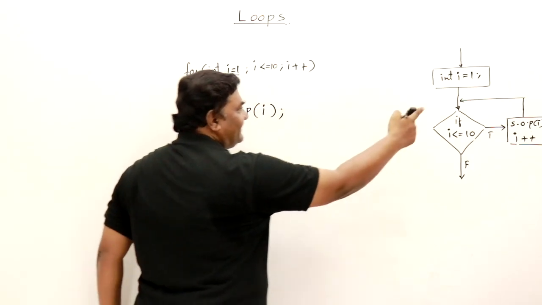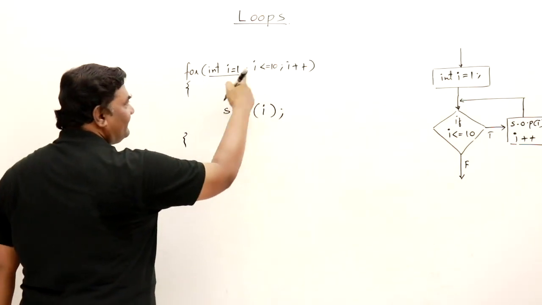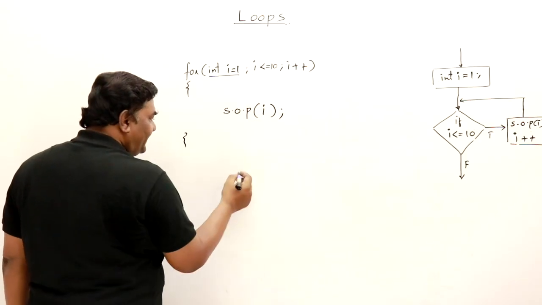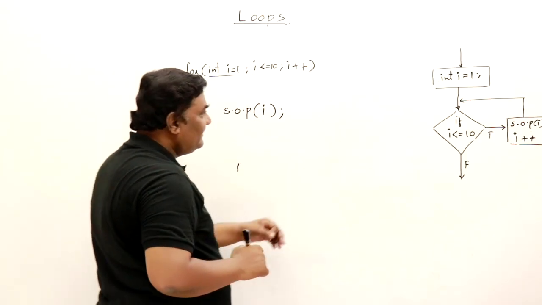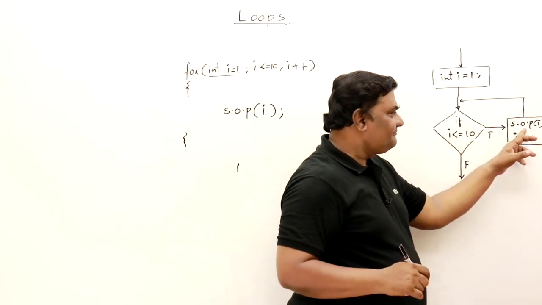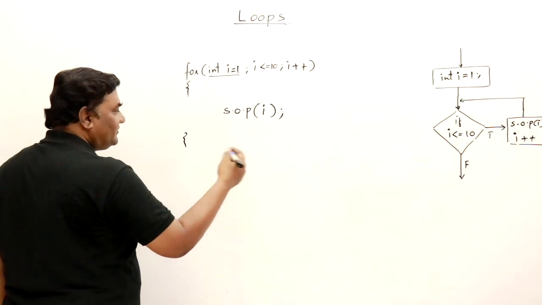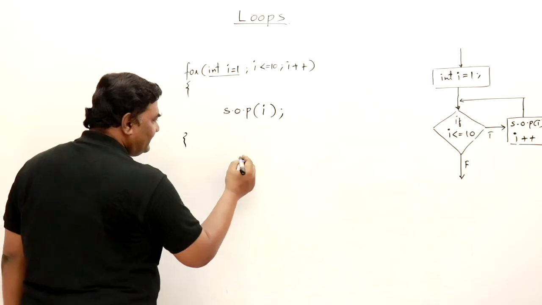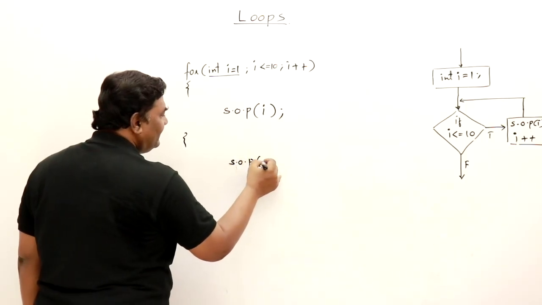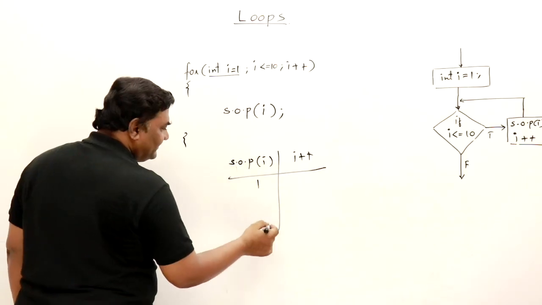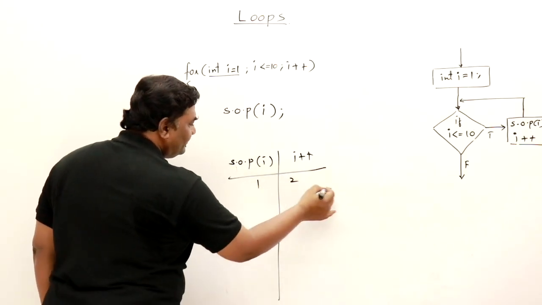The next condition is checked. i is 1, and 1 is less than 10. Yes, so it will enter inside and print 1. Then modify the value of i, so i becomes 2.